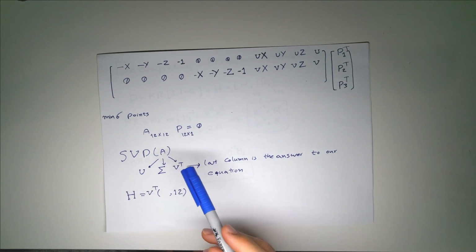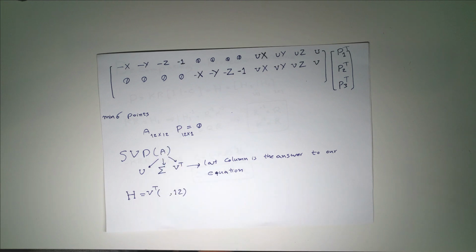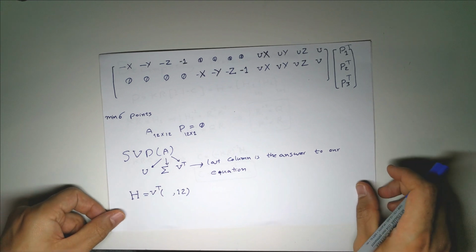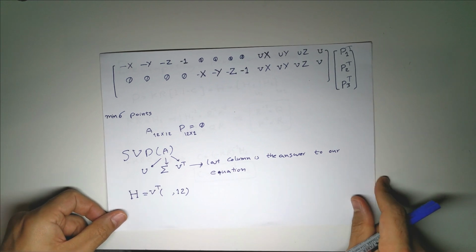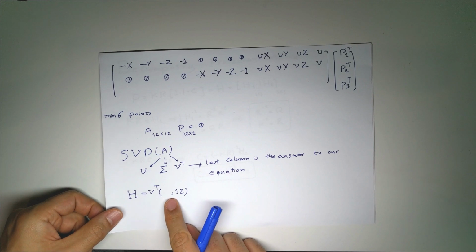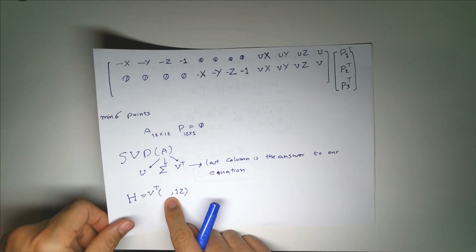So with 6 points, I will get 12 equations. I decompose it. The last column of the V transpose is the answer to our system. This is Python notation. I will get the last column of this, and then I will get the H.